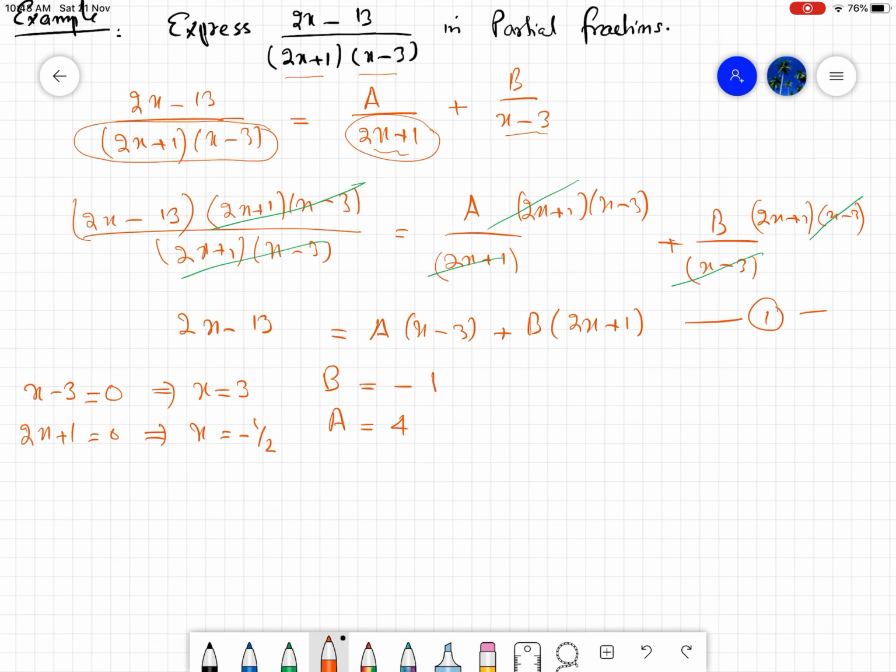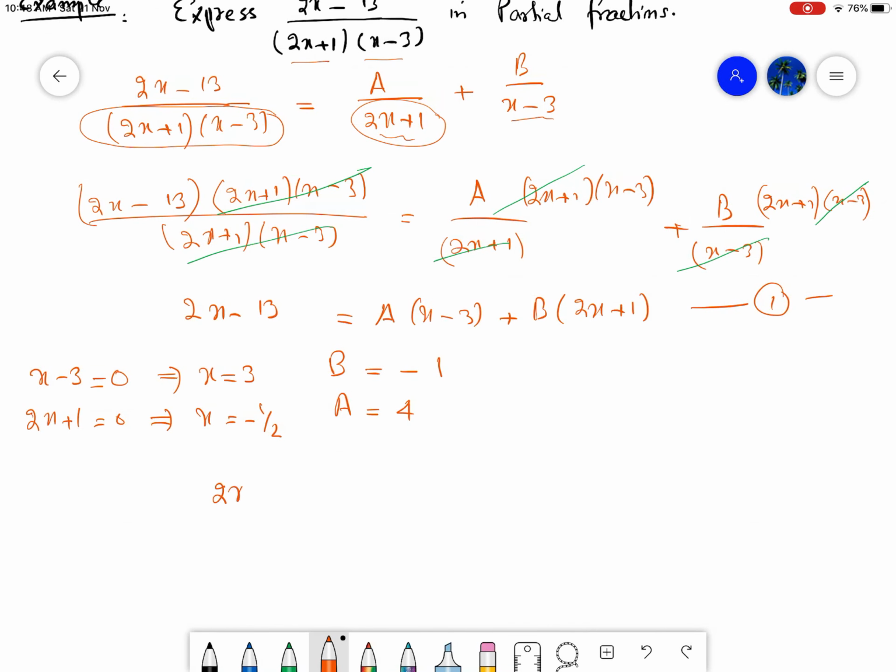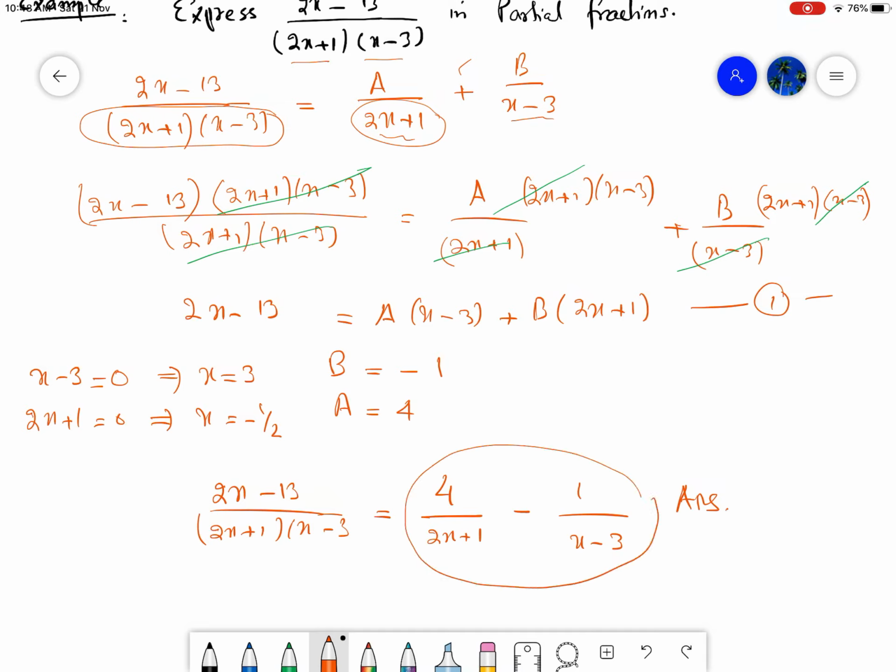Therefore, our partial fraction for (2x minus 13) over (2x plus 1)(x minus 3) is equal to 4 over 2x plus 1, and the value of B is negative 1, so negative 1 over x minus 3. That is our answer. You can check it by solving this again, and you'll get back this fraction.